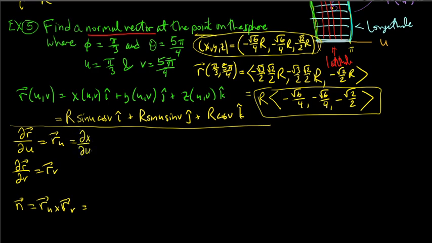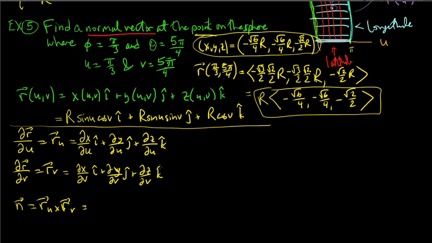This is partial of x with respect to u times i, plus partial of y with respect to u times j, plus partial of z with respect to u times k. And then the same thing for v: partial of x with respect to v times i, plus partial of y with respect to v times j, plus partial of z with respect to v times k.